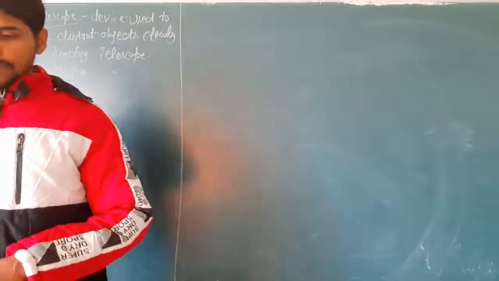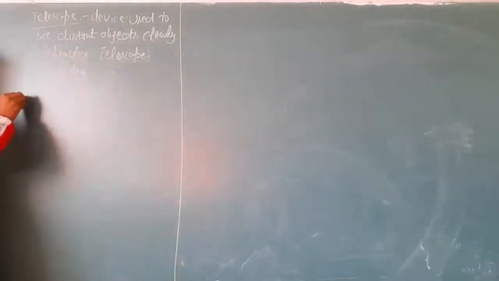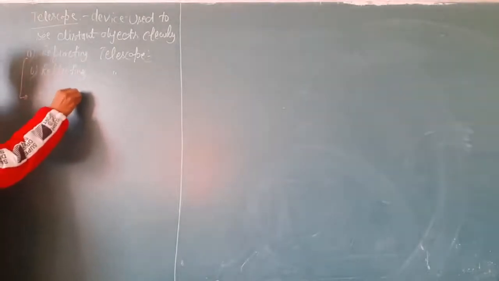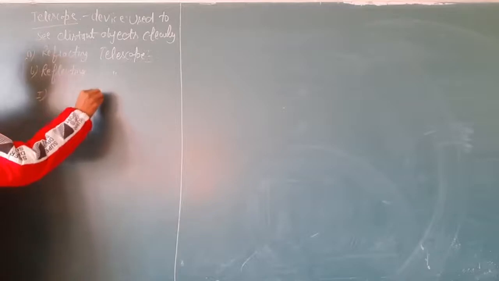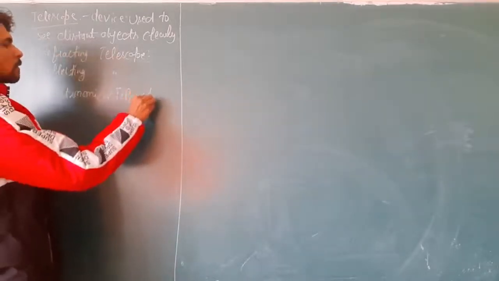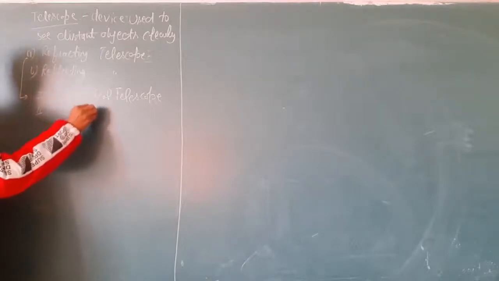On the basis of use, reflecting type and refracting type telescopes are also of two types. One is the astronomical telescope and the second is the terrestrial telescope.